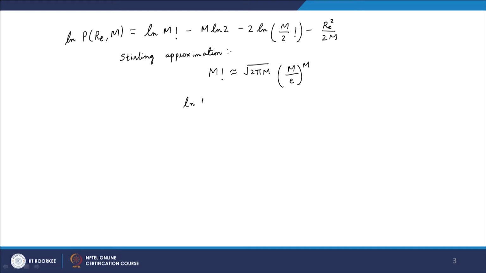So if I take the ln of m factorial, what we get from this relation is ln of square root of 2 pi m plus m ln m minus m.